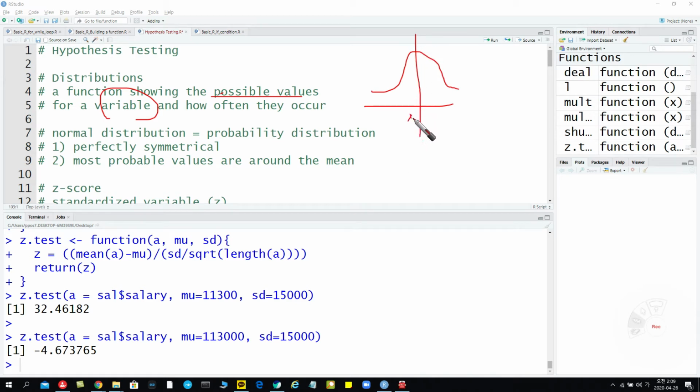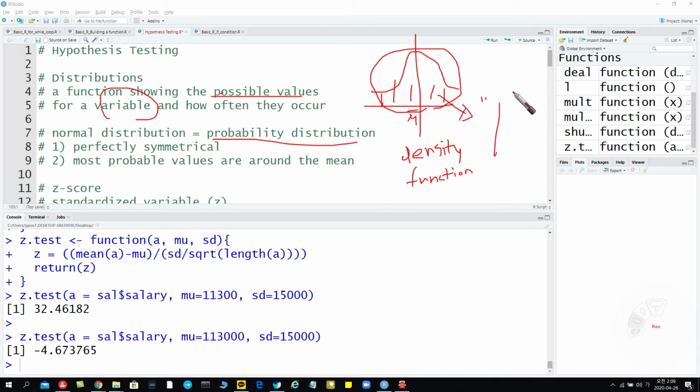This is the mean. We call it mu. The normal distribution is a probability distribution, and also this is a density function. So the total of the probability, as you might know, of this density is 1. Don't forget about this one.